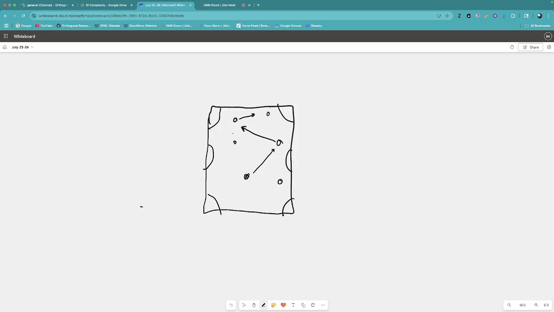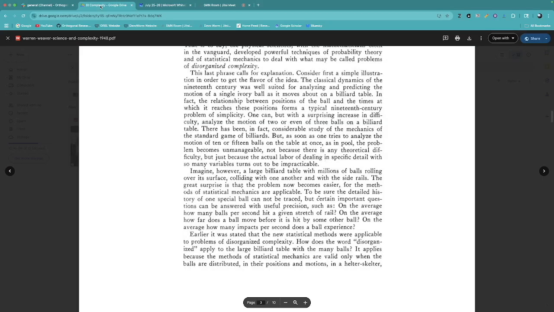The mean behavior is eventually they all end up in a pocket, and you can get the mean behavior from the set of trajectories that happen every time you take your cue ball and hit the other balls and they end up in the pockets. What is the mean behavior over time of that? That can also give us information about that system, about playing the game of pool. So it's a different type of prediction, a different type of information.